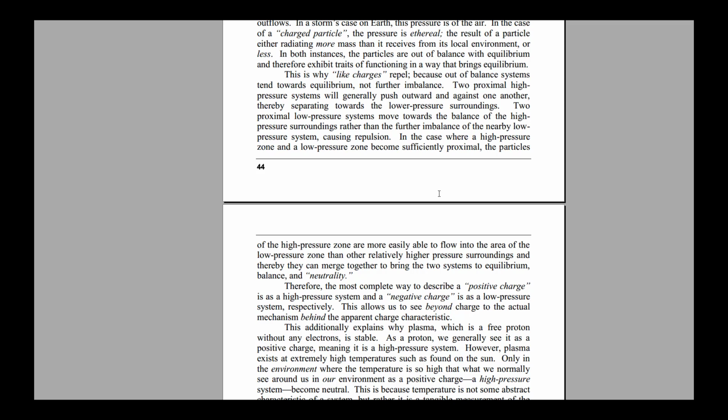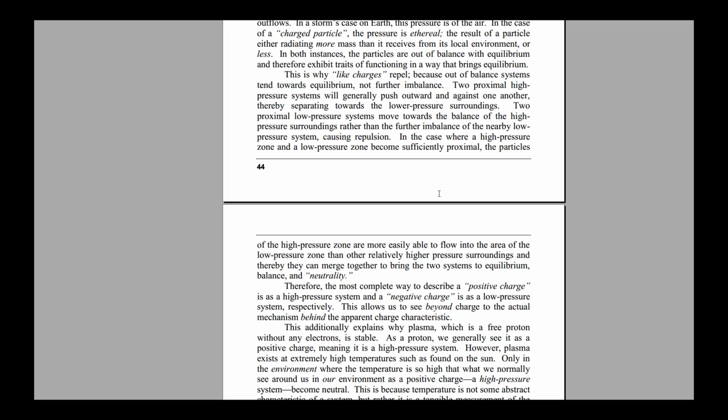In the case where a high pressure zone and a low pressure zone become sufficiently proximal, the particles of the high pressure zone are more easily able to flow into the area of the low pressure zone than other relatively higher pressure surroundings, and thereby they can merge together to bring the two systems to equilibrium, balance, and neutrality.